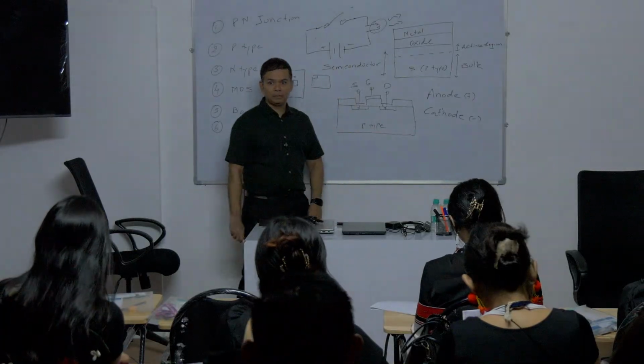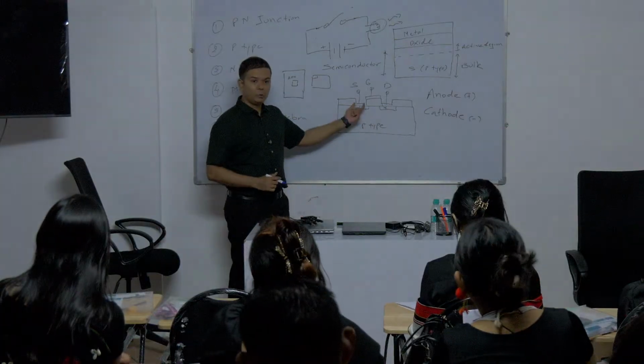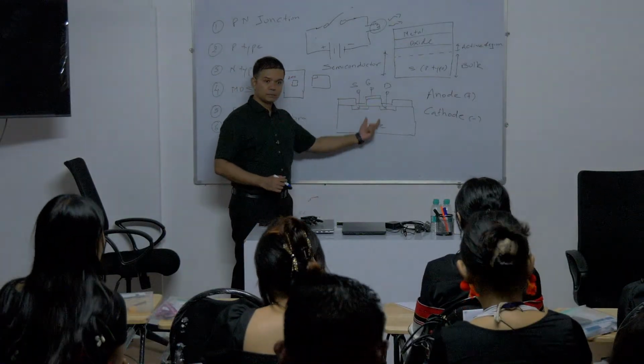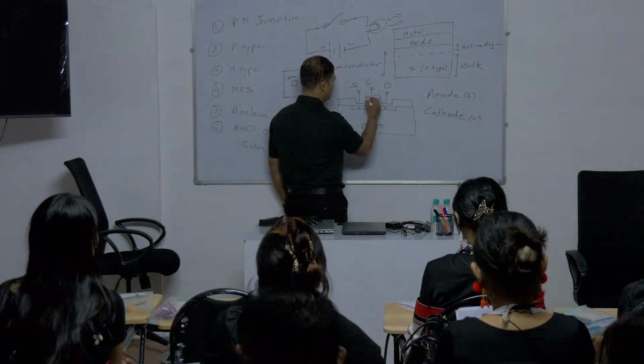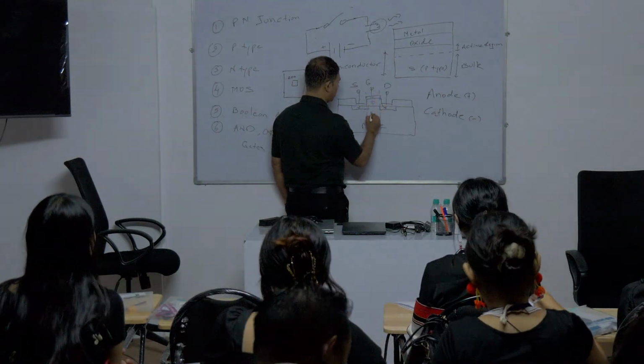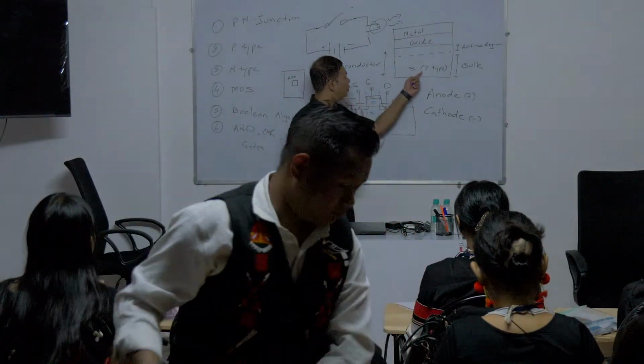So it was the center portion, yes or no? This one. So this is your metal, this is oxide, and this is your semiconductor. And this exact center portion is drawn over here.